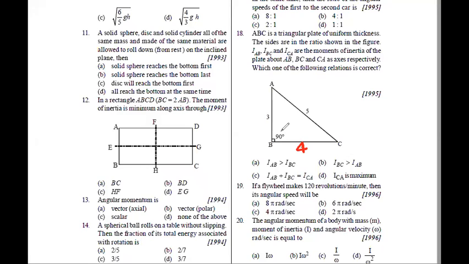AB. Because when you talk about I, it is some value of k with mr square, right? So the distance from the center of mass matters.